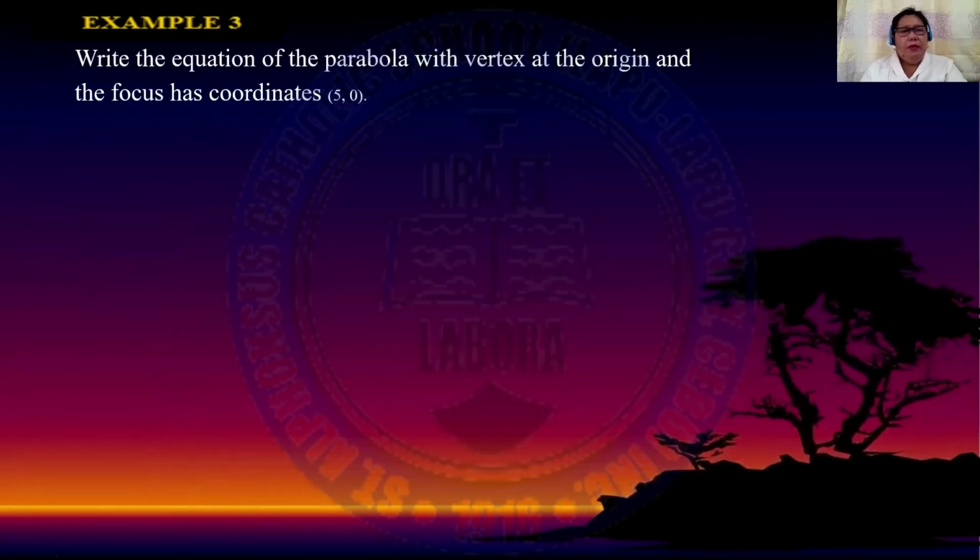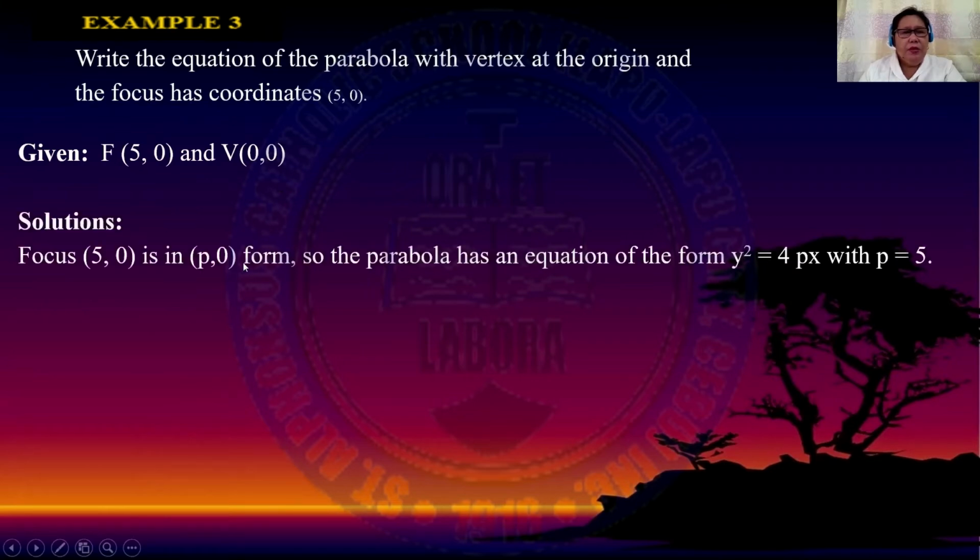Next example. Write the equation of the parabola with vertex at the origin and the focus has coordinates (5, 0). So given focus with coordinates (5, 0) and vertex (0, 0). For the solutions, the focus (5, 0) is in (p, 0) form.